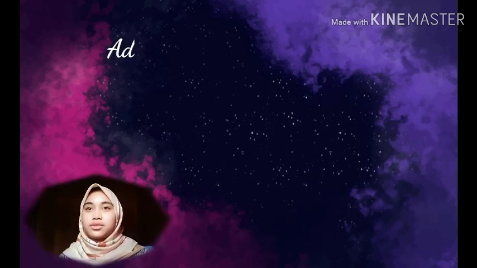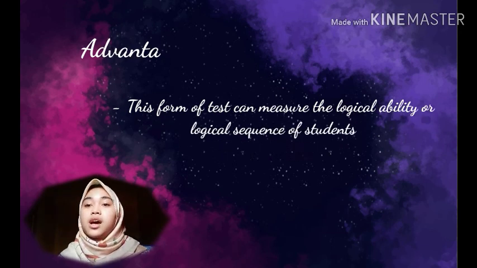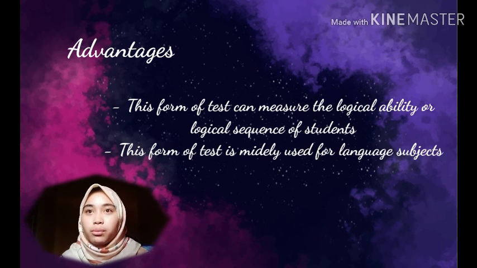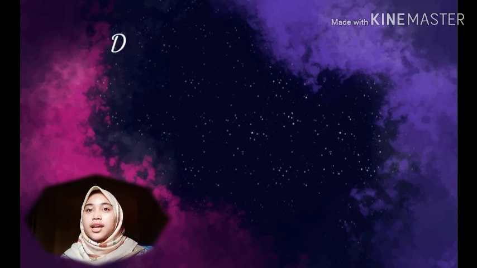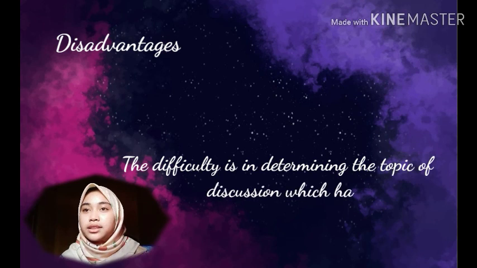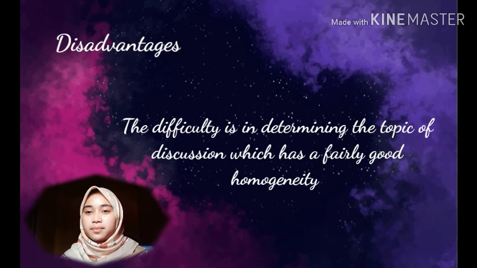Advantages: this form of test can measure the logical ability or logical sequence of students. This form of test is mainly used for language subjects. Disadvantages: the difficulty is determining the topic of discussion, which has a fairly good homogeneity.